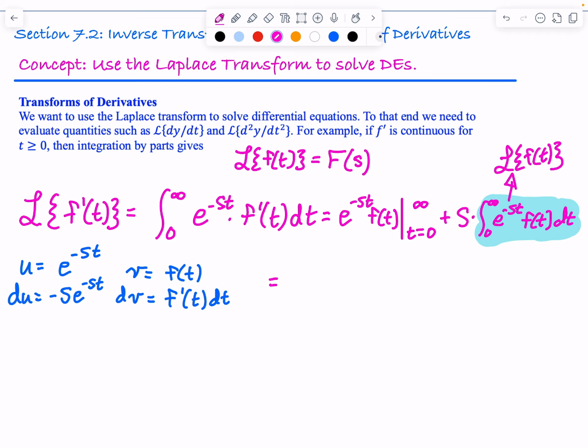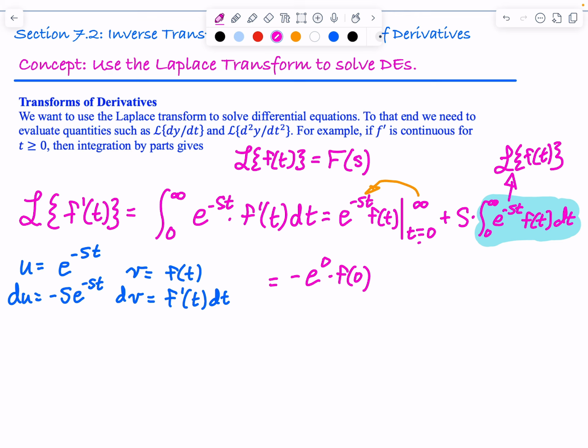And then the first part: remember it's a limit, so we're not really plugging infinity in, but we can save ourselves some time. If we take the limit as t goes to infinity and I have that negative power, it goes to the bottom, and that's going to create a 0. Meaning the only thing I get is from plugging in 0: negative e to the 0 times f of 0.